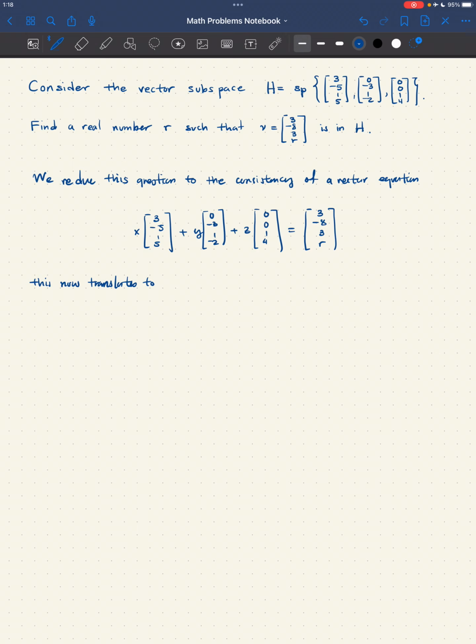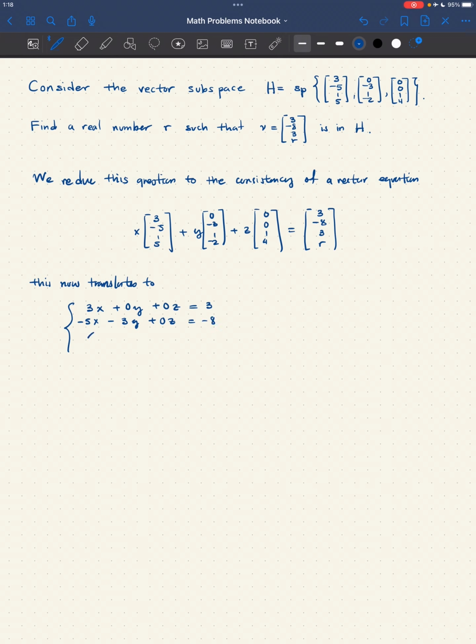What is that system? Well, it's fairly easy to detect. It's the one that is associated with each of the rows, right? So it would be 3x plus 0y plus 0z equal to 3. Next equation, -5x minus 3y plus 0z equal to -8.